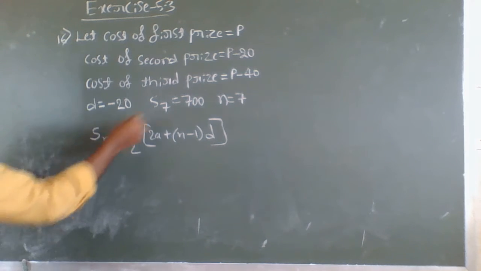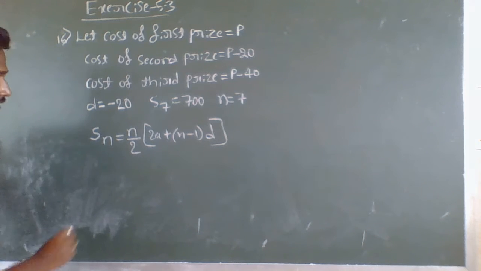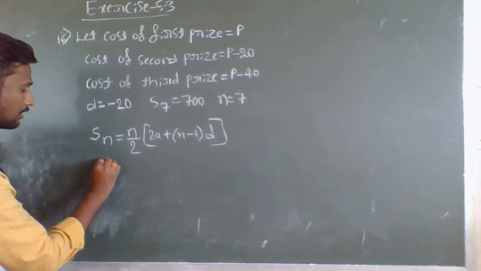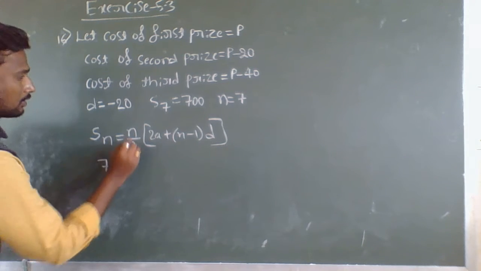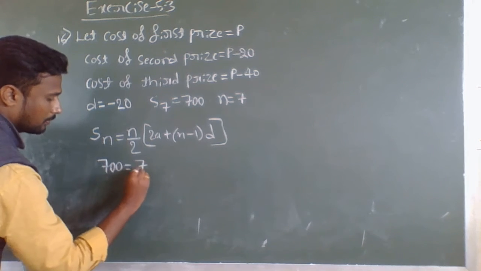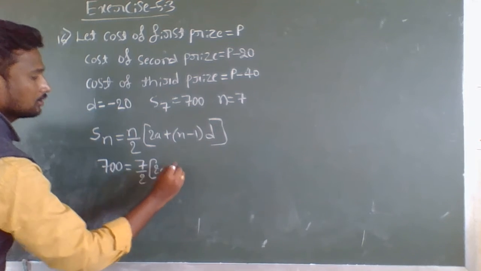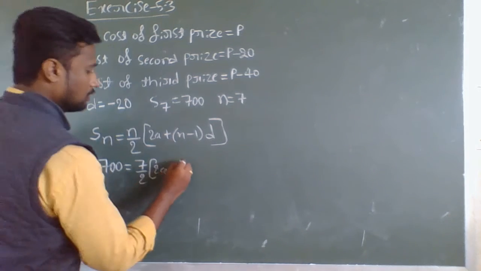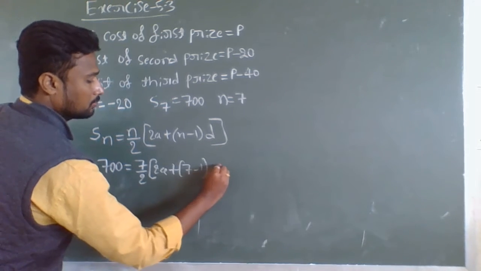So now what is the Sn value? I considered S7 as Sn, therefore the Sn value is 700, is equal to n value 7 by 2, into 2a plus n minus 1, that is 7 minus 1, and d value is minus 20.